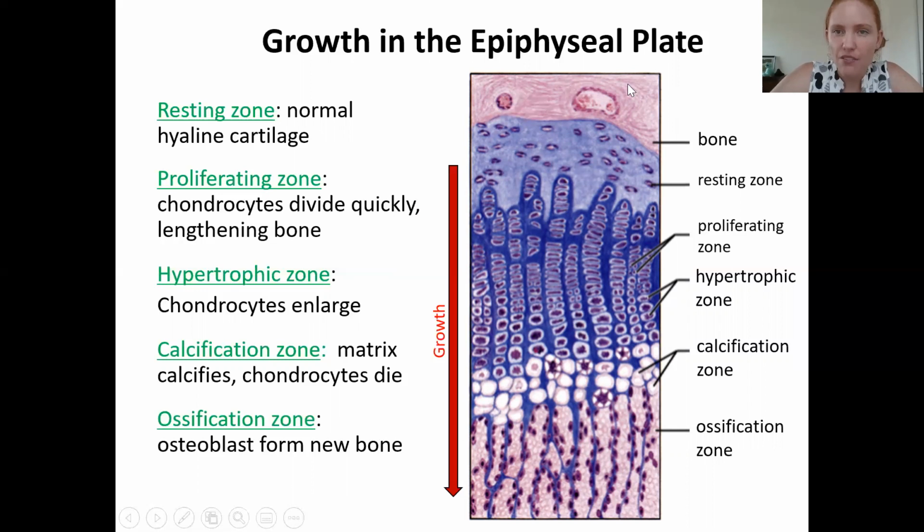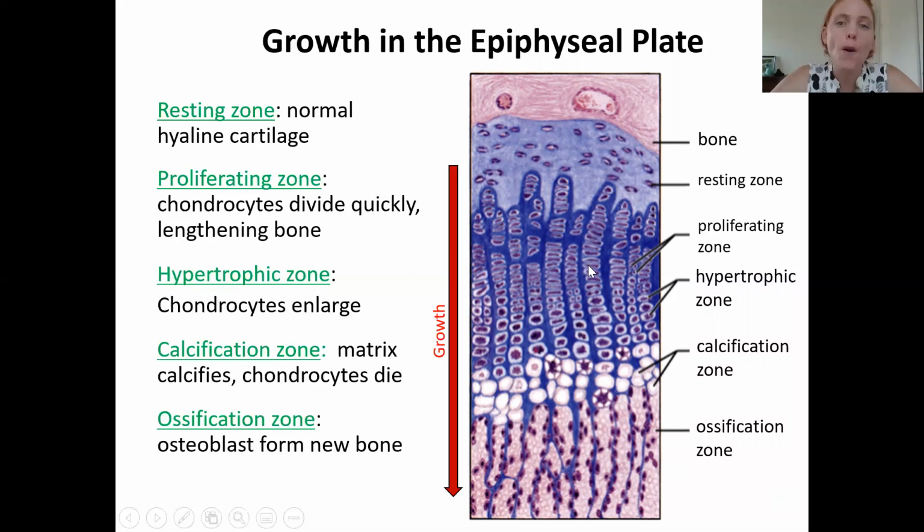So here we have our normal bone, then we have a plate of hyaline cartilage. This is what's called the resting zone. It's called the resting zone because it's just hyaline cartilage doing its normal thing, just resting. And then next to it, those chondrocytes, which are inside of their own little lacuna, begin rapidly dividing.